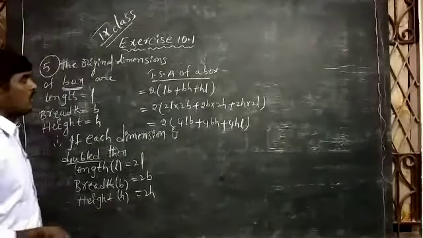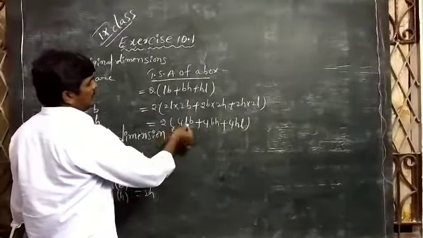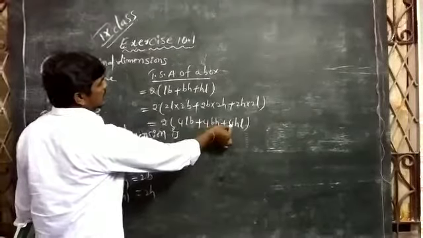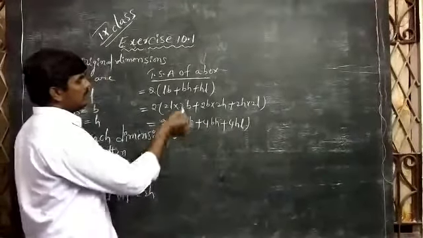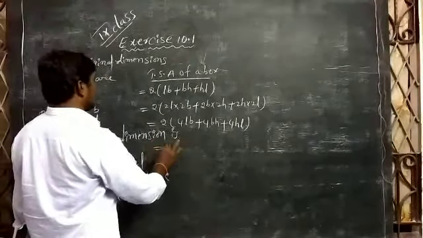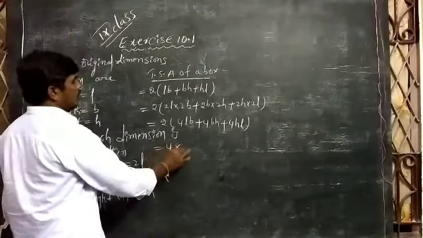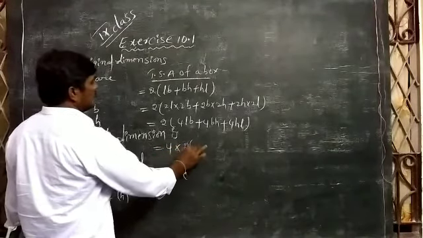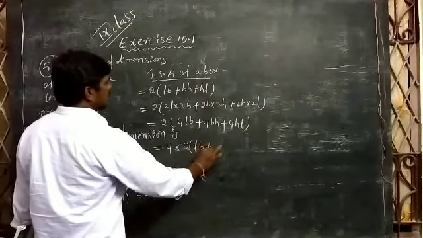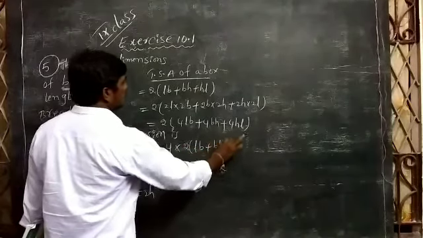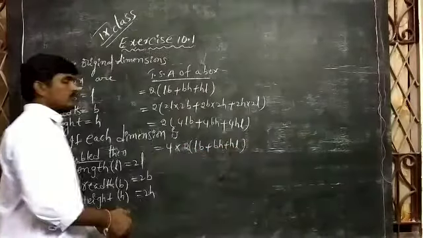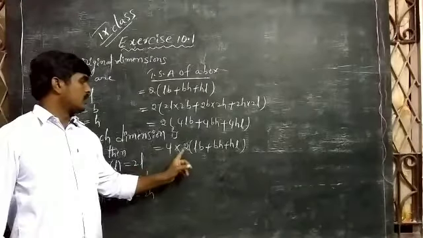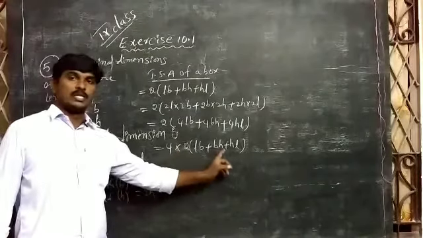Now observe carefully: here 4 is there, here 4 is there, here 4 is there. So from the three terms, take the common 4 and write 4 into 2 into (LB plus BH plus HL).